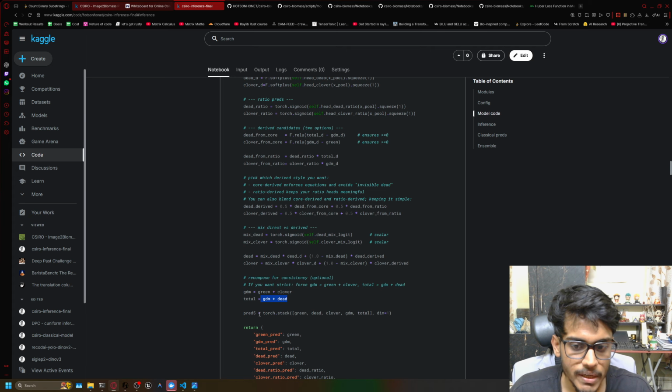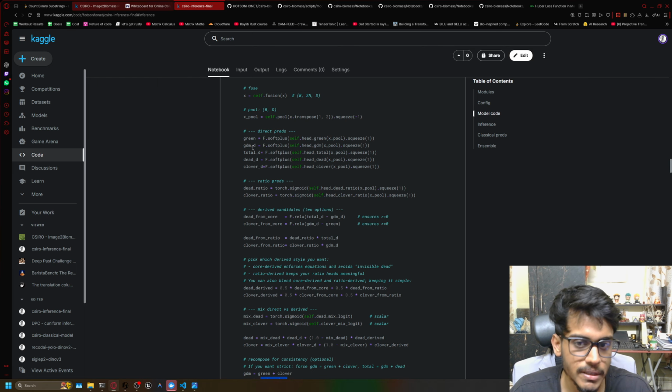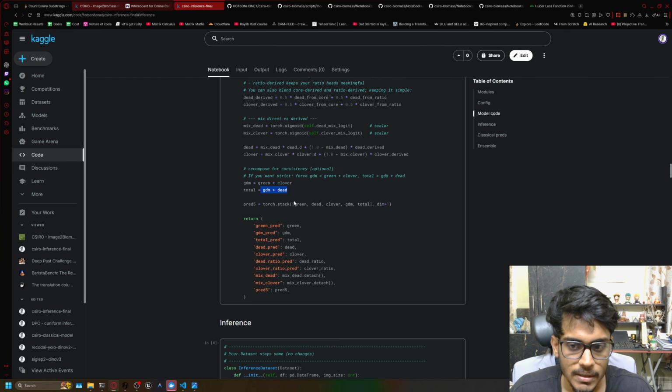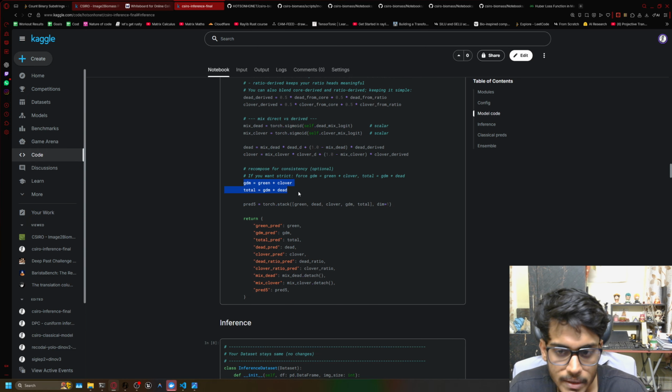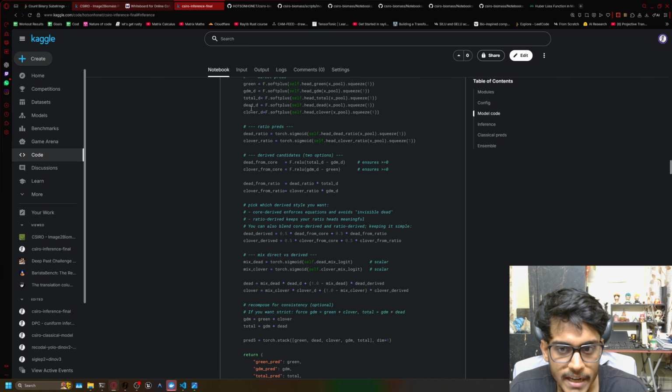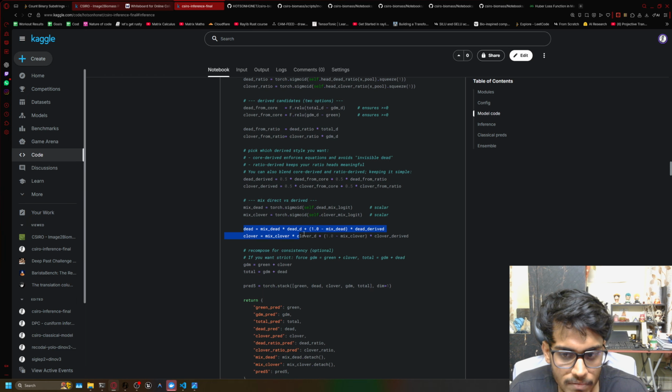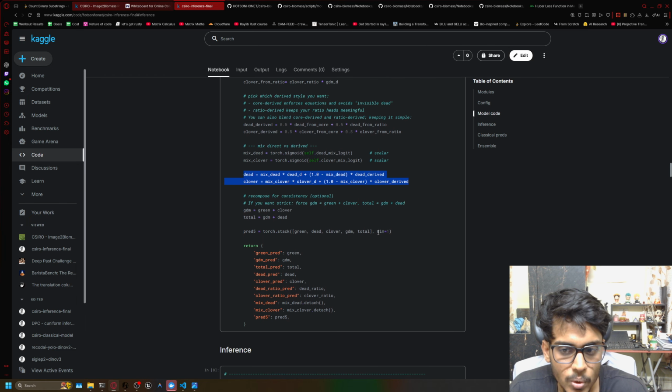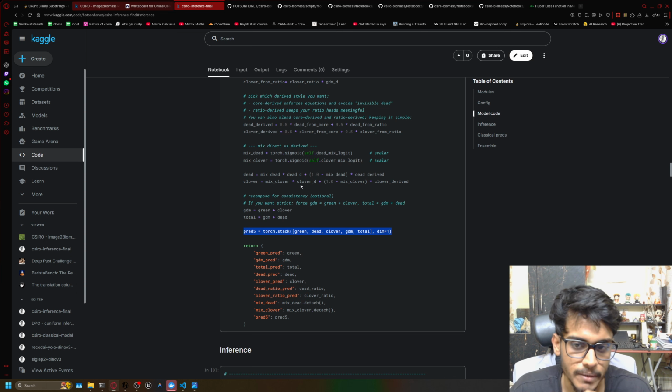Here I was not using the regression head values, because these values will satisfy my biomass physics constraint. If I directly use them, whatever value I got from there may not satisfy the physics constraint. After that I was giving out the total 5 values from my neural network.